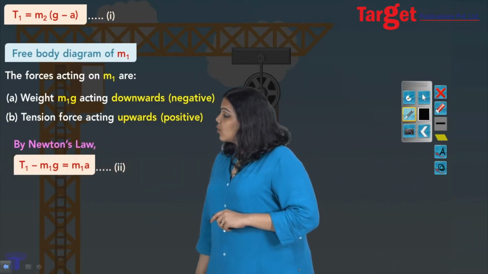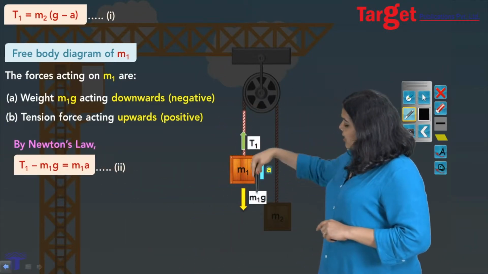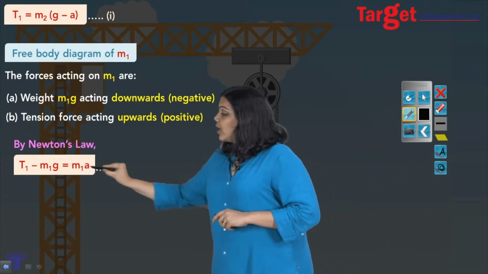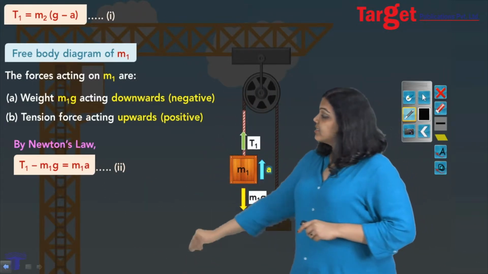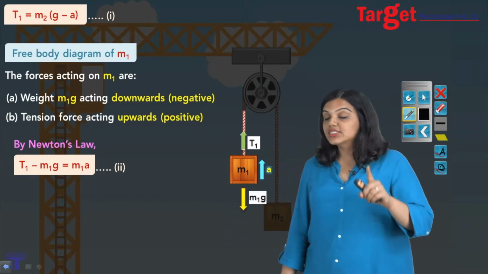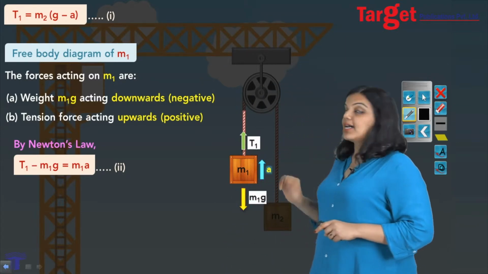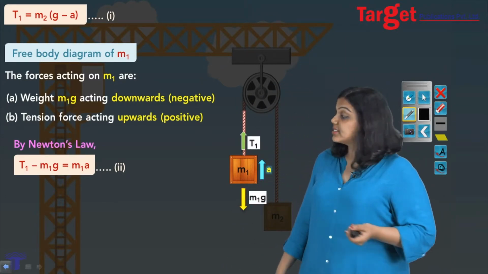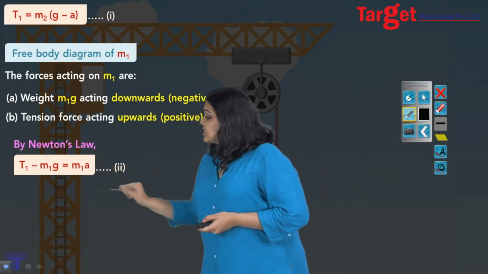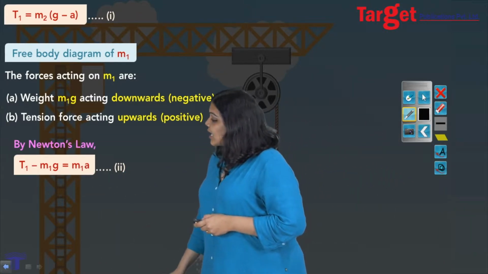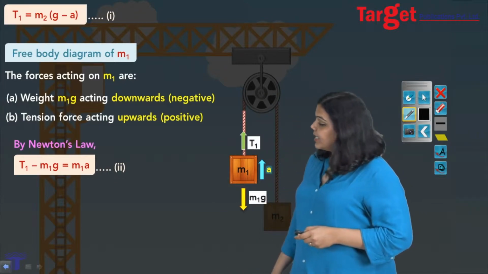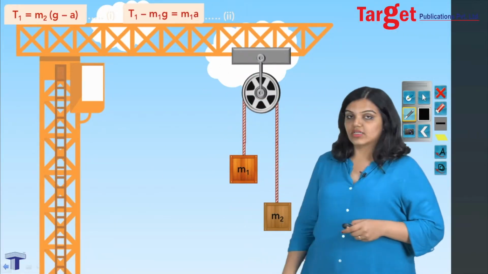Newton's law gives me the equation of motion: T1 minus M1G is equal to M1A. Notice that here the M1A comes with a positive sign because this block ends up moving upwards, and upwards is the positive direction. So this is my second equation, T1 minus M1G is equal to M1A. I'm going to need it, so I'm going to save it.